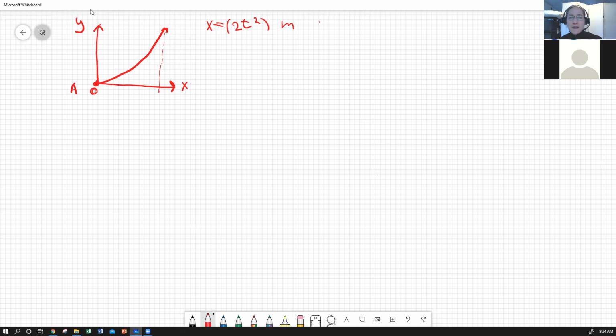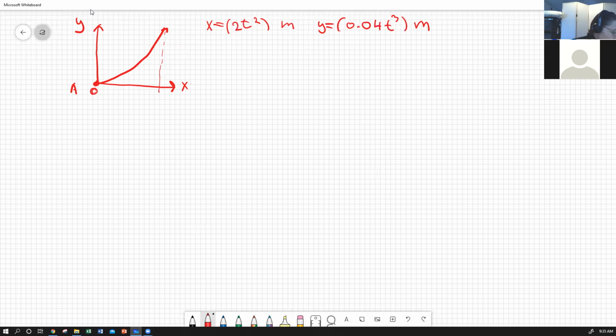in meters. And our vertical position at any time is 0.04 t to the third meters, where t is in seconds.